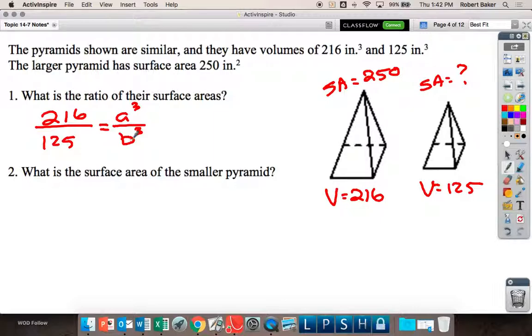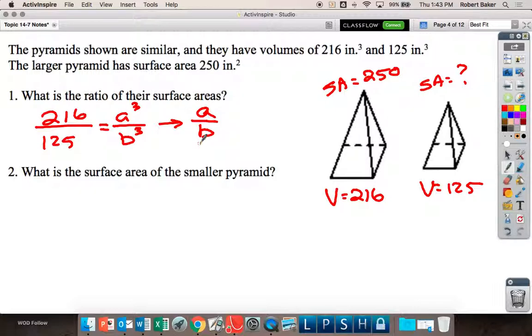So I need to take this, and I have to make it A squared over B squared. Now, unfortunately, the only way to do that is to change this to A over B first to find the scale factor, and then to take the scale factor and make it a ratio of areas. So we have to, how do you undo cubed?